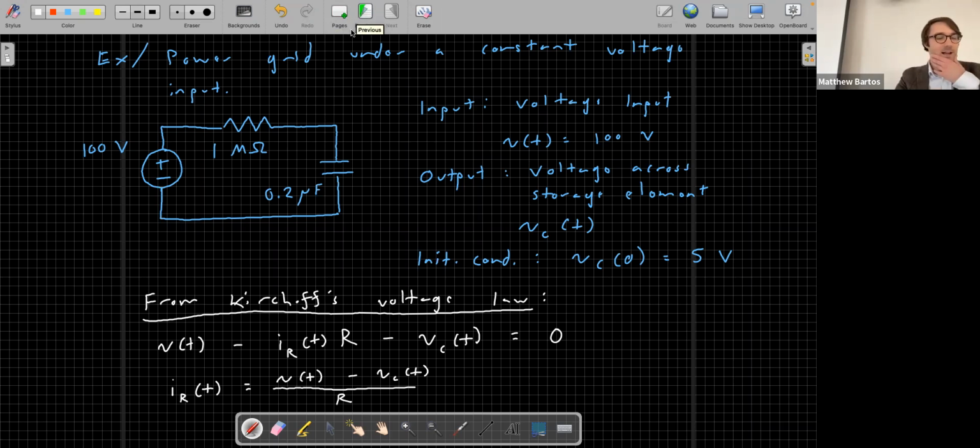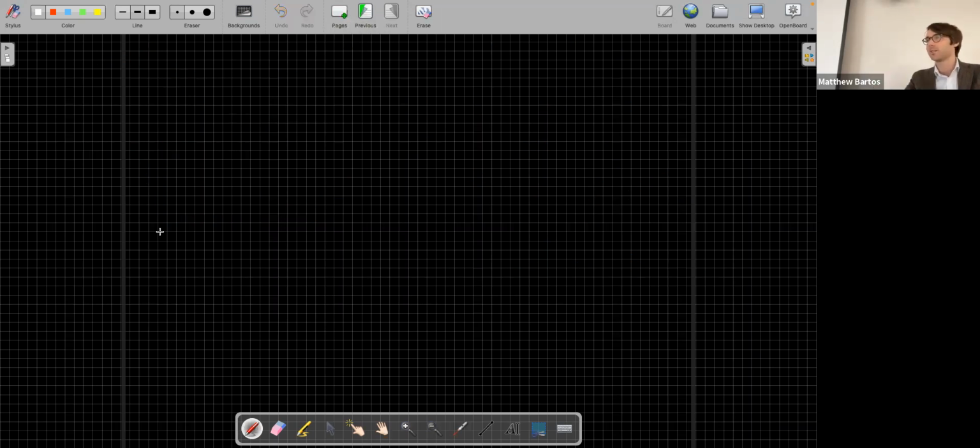Right. So this is an equation I gave you from a previous lecture. We have from that lecture the capacitor dynamics.